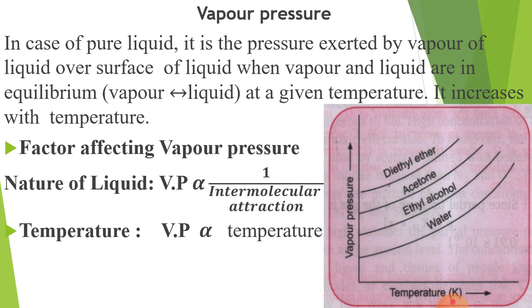Now, before starting the vapor pressure, I just want to recall you about the evaporation. As you know, evaporation is a surface phenomenon, that is, the molecules which are on the surface get evaporated.